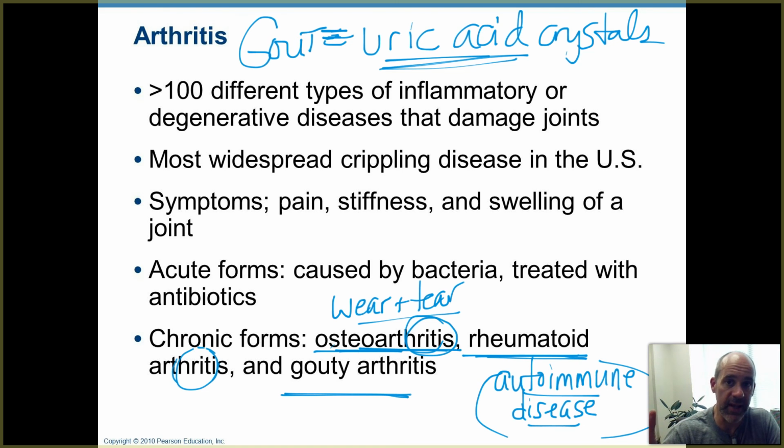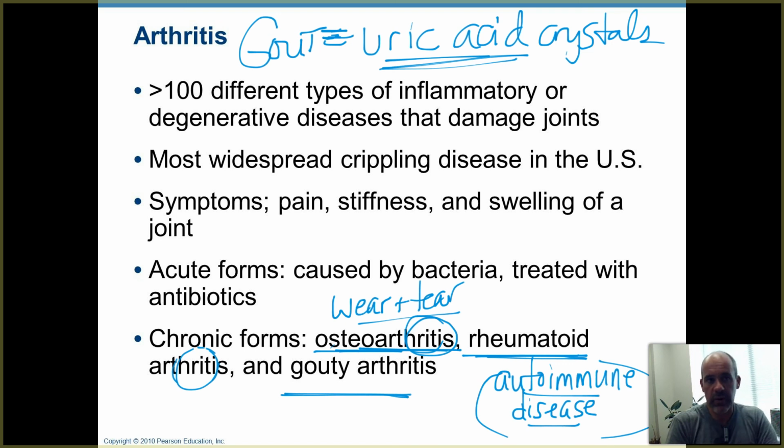And then those crystals can be damaging at the joints. You don't have a lot of space at these joints. Think about your knuckle joints and the joints between your individual fingers and other joints as well. There's not a lot of space there. So if you have these crystals, which can be kind of sharp and damaging, that can damage the joint tissues and lead to arthritis. And so that's what we know as gouty arthritis.